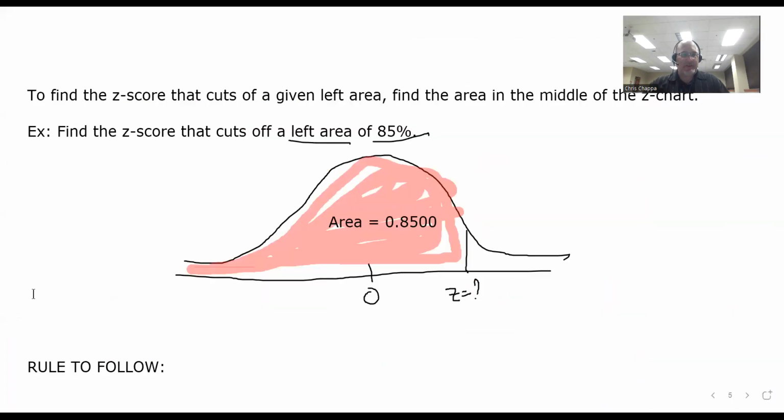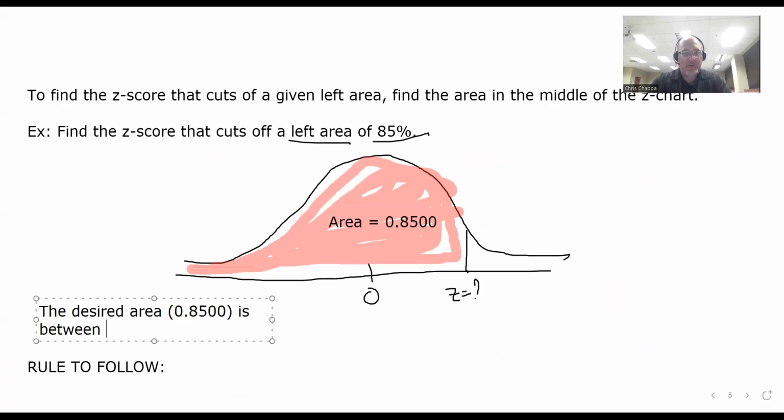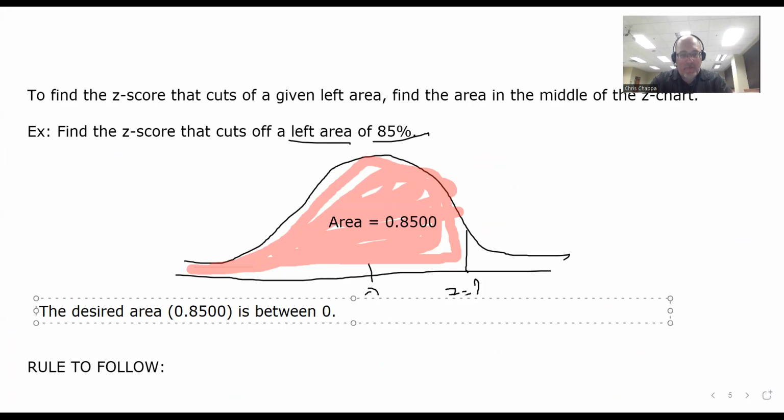I'm going to write what I just said. The desired area, 0.8500, is between 0.8485 and 0.8505. I believe those were the numbers.